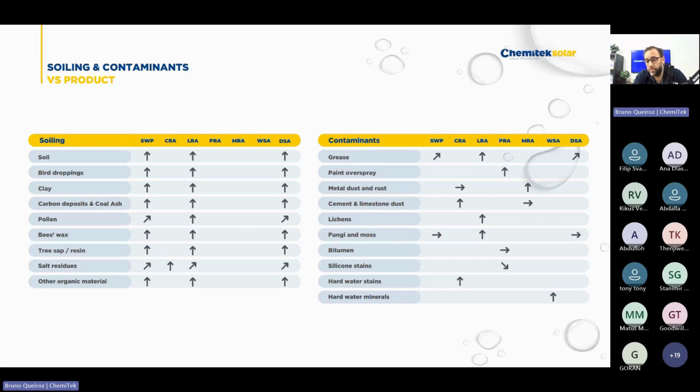The PRA will help, but there will be a lot of brushing involved because the PRA is not strong enough to handle these types of problems. If it's a slight contamination, it will help you, but if it's a very high contamination, you will probably just need to replace the module or go full power and hope for the best with a strong solvent or something like that. But in those cases, the warranty is for sure gone.